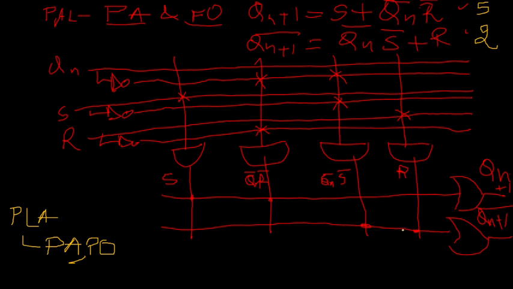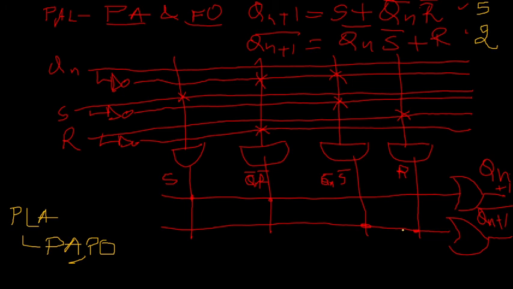Then the total number of AND gates will be 10. But for PLA, what is the condition? If one is using 5 and another one is using 2, you can minimize them also, and you can use 7 AND gates in total. So the number of gates used will be less for PLA as compared to PAL. As far as this implementation is considered, you have programmable AND and programmable OR. That means here the OR gate will be programmable instead of fixed.